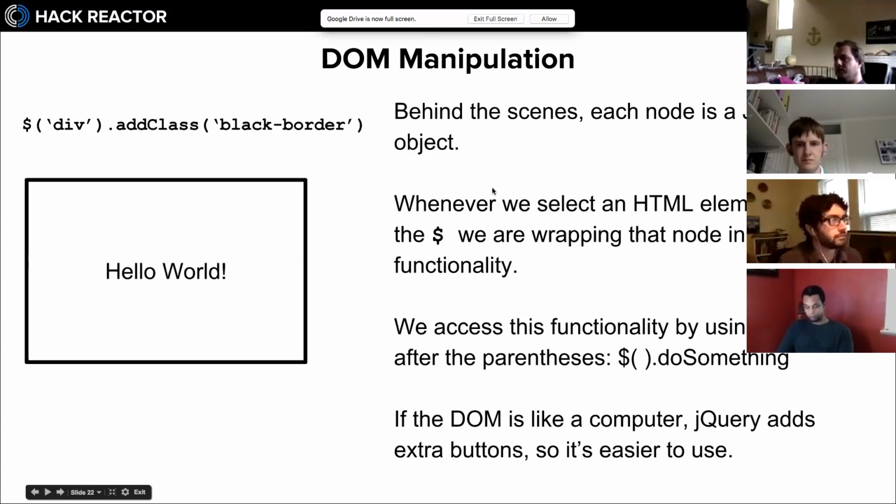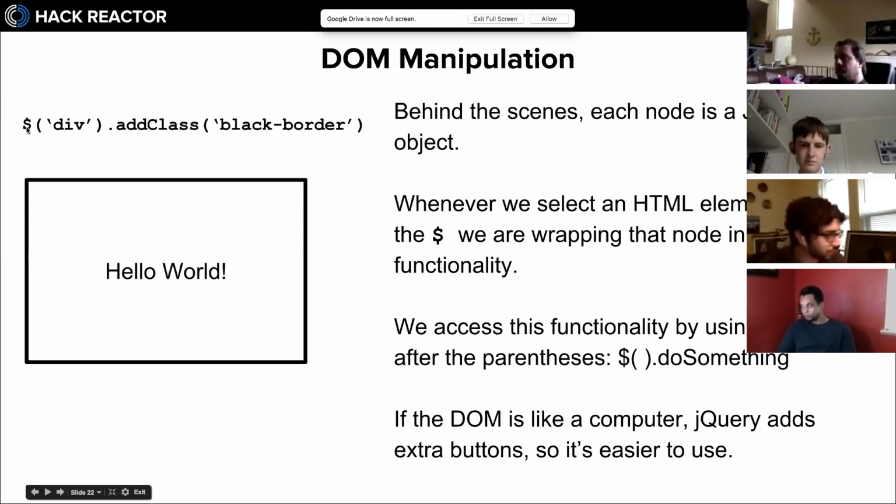So whenever we go and grab a DOM node using the jQuery selector, so we say $, we call the parentheses, and we pass in whatever DOM node we're looking for, we're wrapping that node in a bunch of functionality that jQuery gives us. And we have access to that functionality after the parentheses by saying dot, and then calling whatever method we want on that jQuery node that we've created.